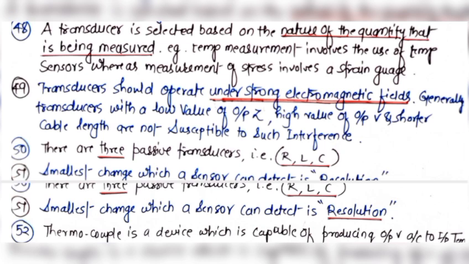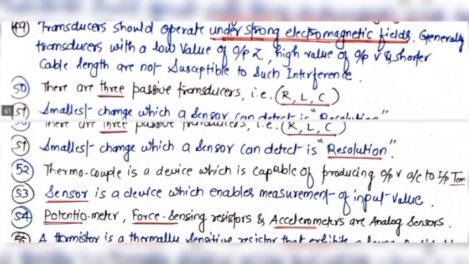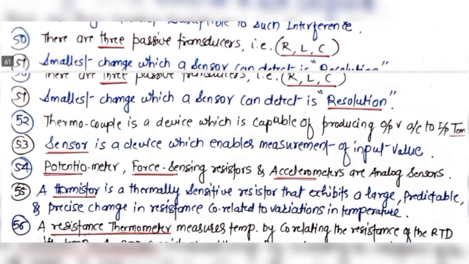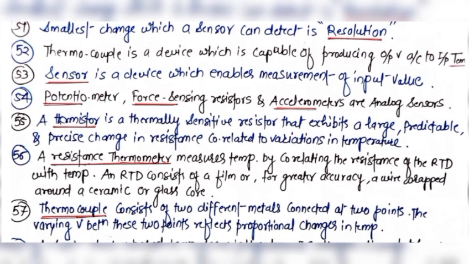Generally, transducers with a low value of output impedance, high value of output voltage, and shorter cable length are not susceptible to such interference. There are three passive transducers, that is resistive, inductive, and capacitive transducers.